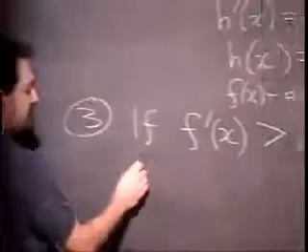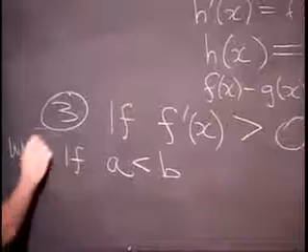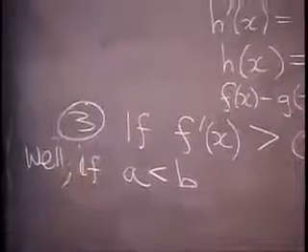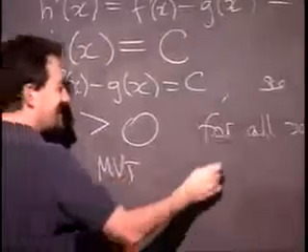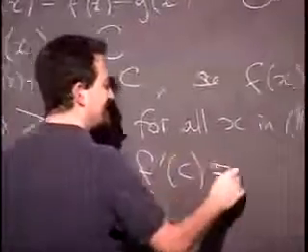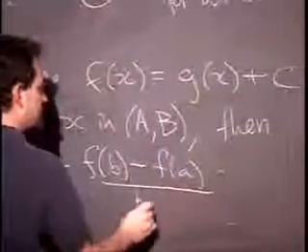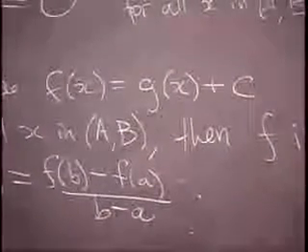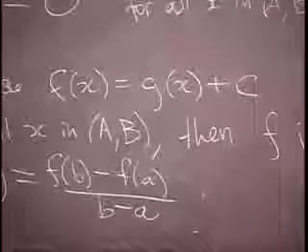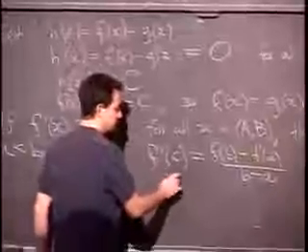Why is it true? Well, suppose we pick any points a less than b. Well, if a is less than b, we can use the mean value theorem and say that f prime of c is f of b minus f of a over b minus a. Now, what can you tell me about f prime of c? We don't know very much about it, but we know one thing about it. It's greater than 0.